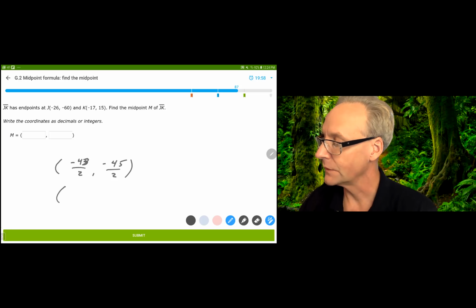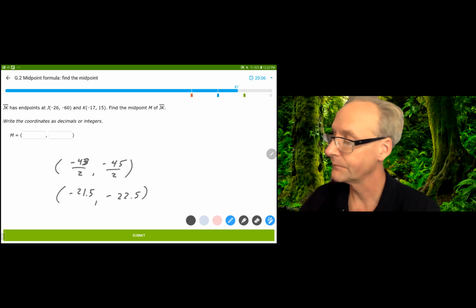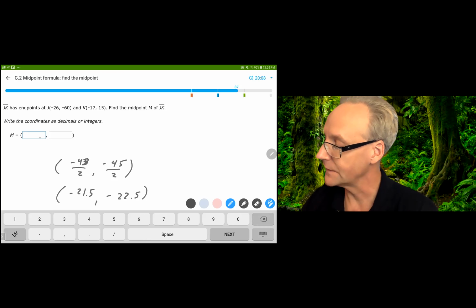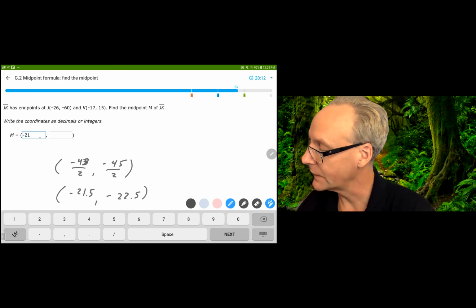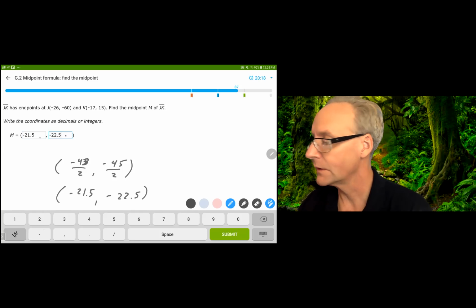So that one is going to be negative 21.5. And this one is going to be negative 22.5. Close. Could have easily made a mistake there. Negative 21.5 and negative 22.5. Hopefully I didn't make an error.